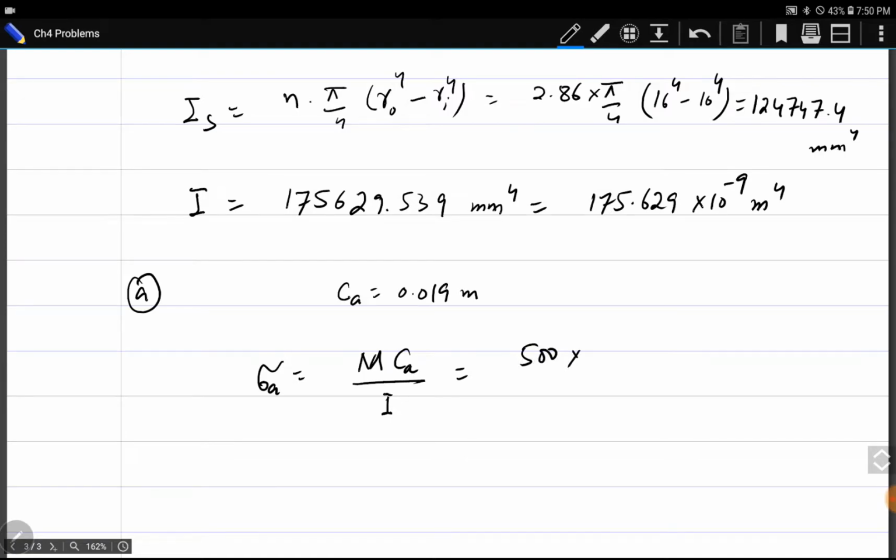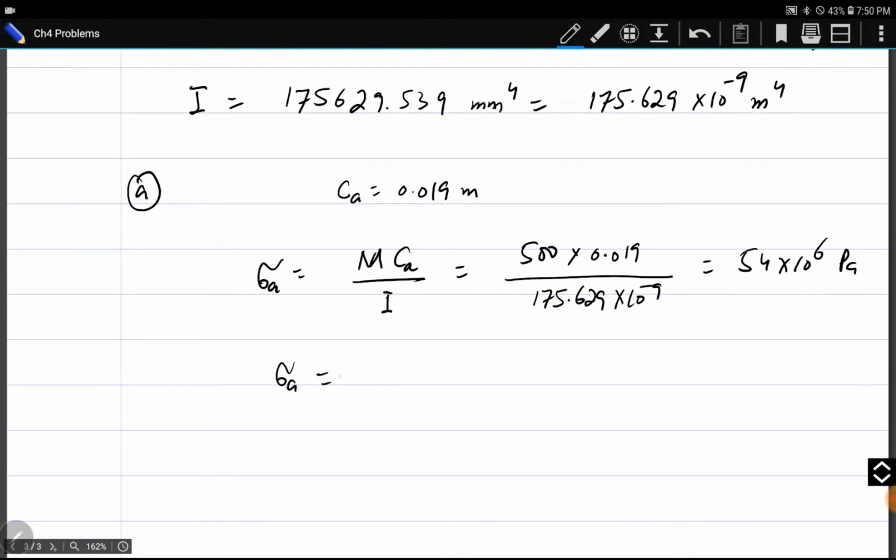C for aluminum is 0.019 meters divided by I, which is 175.629 into 10 power minus 9 meter power 4. So sigma for aluminum becomes 54 into 10 power 6 pascals, or it is 54 megapascals.